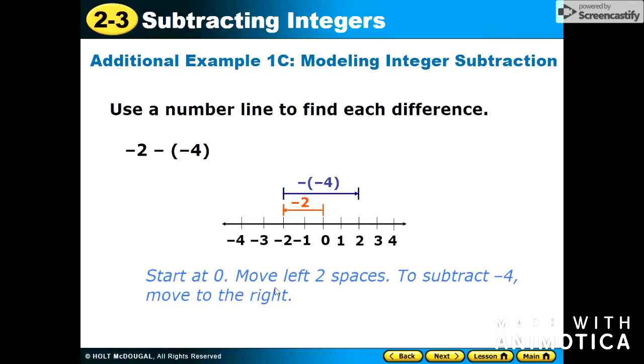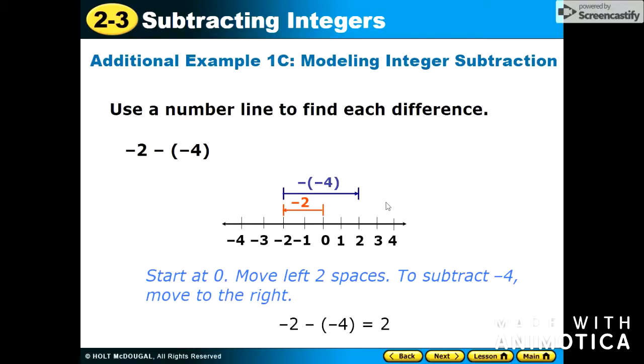Okay, because I'm subtracting a negative 4. I know that looks and sounds really weird because whenever you think of subtracting, you think you're getting smaller. But actually, when you're subtracting a negative number, you actually go to the right. So negative 2 minus negative 4 is positive 2.